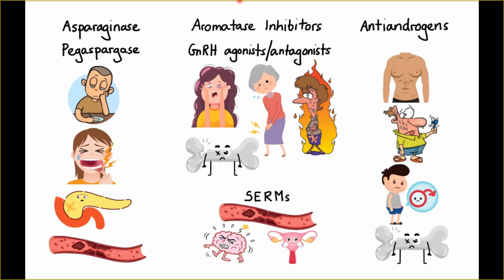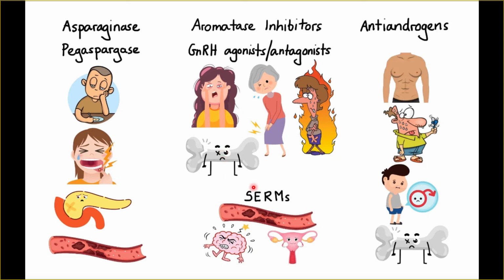With the aromatase inhibitors and agonists and antagonists of the gonadotropin releasing hormone, we have the decrease in the mood, tiredness, painful muscle pain, hot flashes, and osteoporosis.